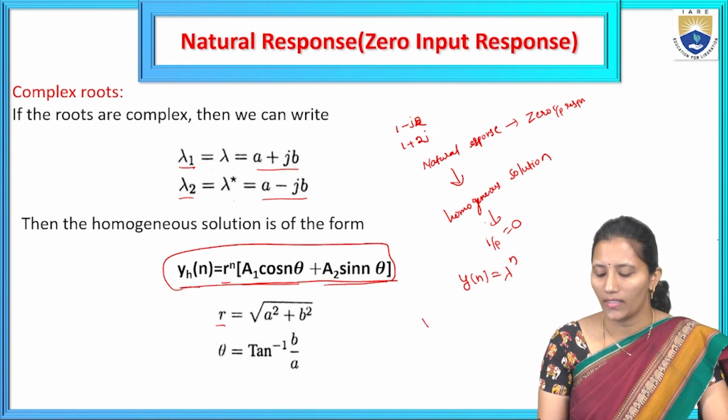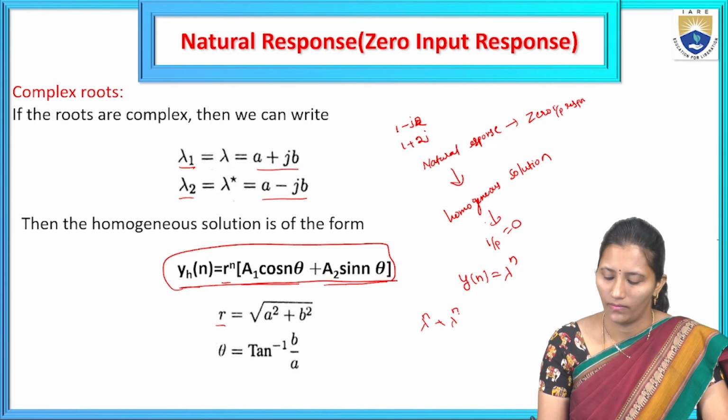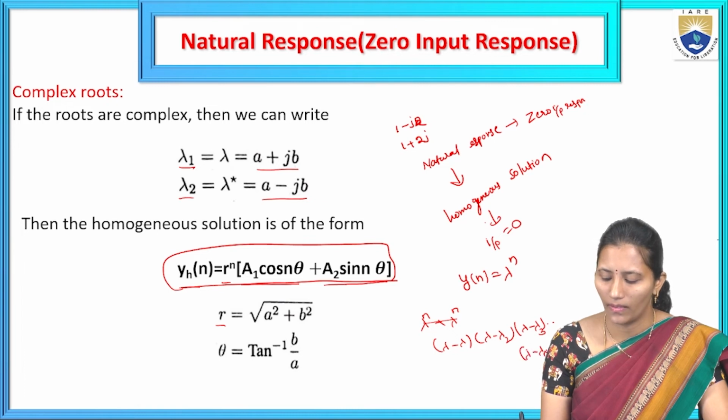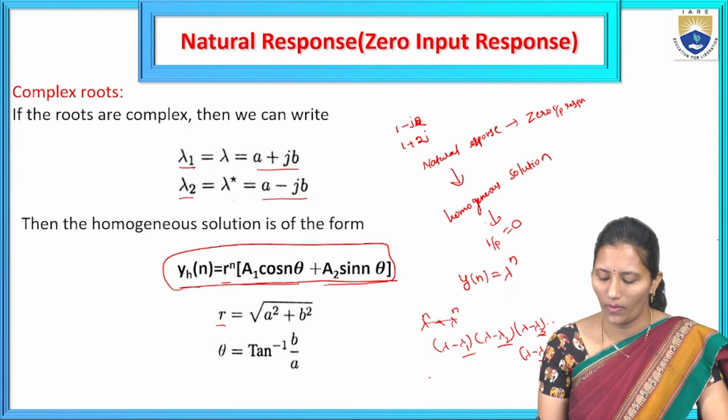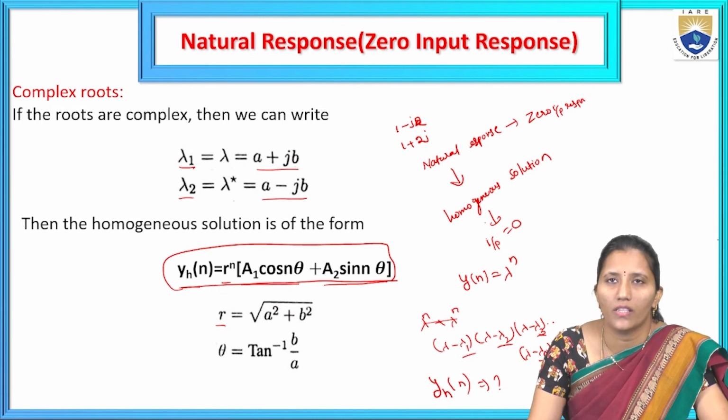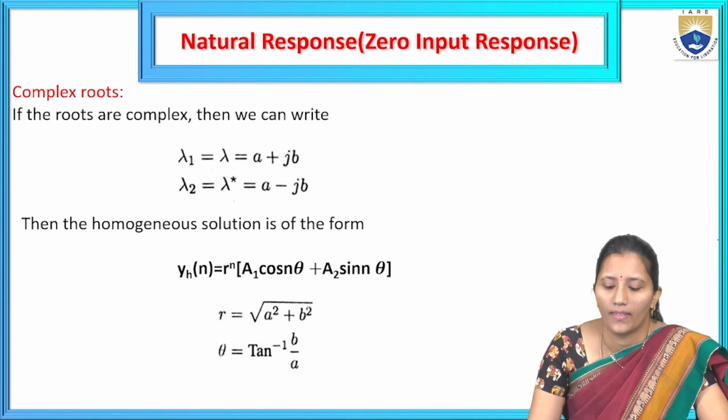And write the characteristic equation. Lambda minus lambda 1, lambda minus lambda 2. We have to find out the roots. And according to nature of the roots, we have to write the direct homogeneous solution and find out the constants C1, C2, C3. Okay, this is the natural response or zero input response.